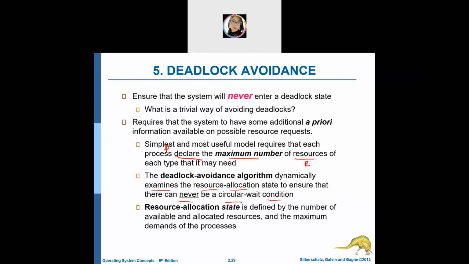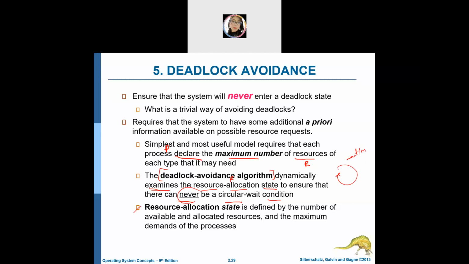So using a deadlock avoidance algorithm, you are always going to examine your resource allocation condition to ensure that it's not going to have a circular waiting condition. Circular means a cycle of waiting or requests.